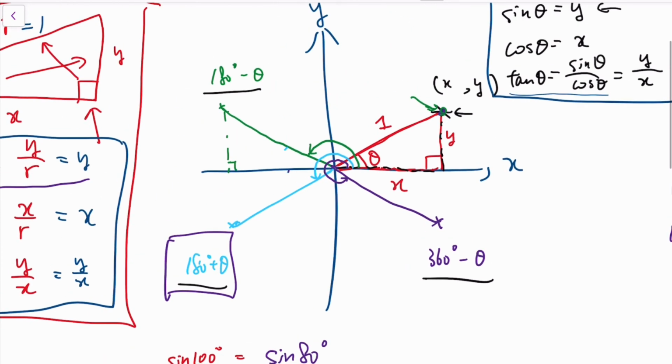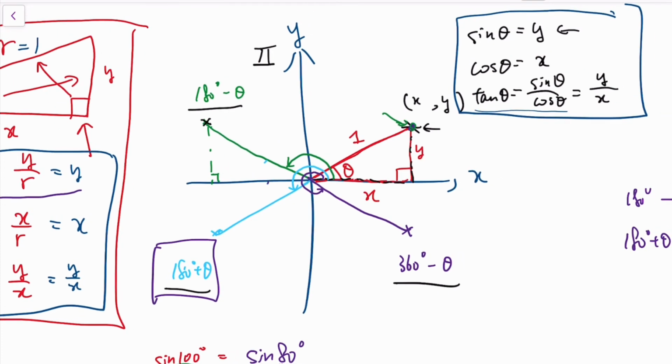Let's actually do it. Let's go to quadrant 2, and ask here, should sine be positive or negative? Again, sine is the y coordinate, and the y coordinate here is obviously positive. So in this quadrant, sine is positive.